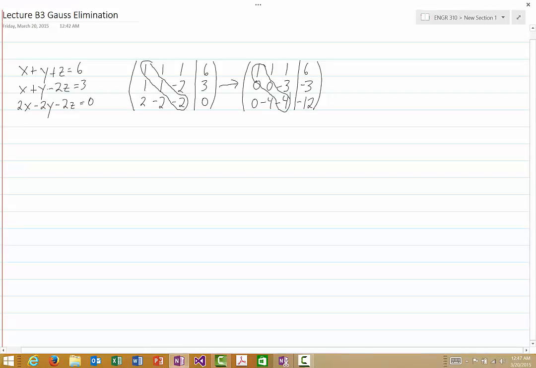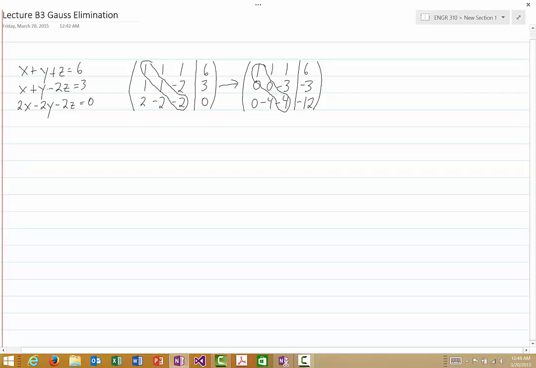And so the only remaining non-zero term below the main diagonal is this negative 4 down here. And usually, because this negative 4 is in the second column, we would get rid of it by adding multiples of the second row to subsequent rows, and namely to this row. But adding any multiple of the second row to this row is not going to help us because the second row has a 0 in the diagonal.